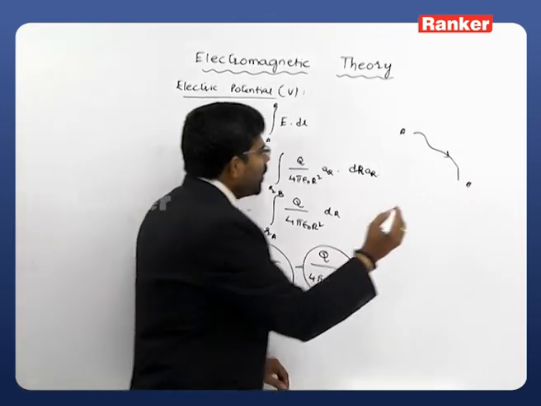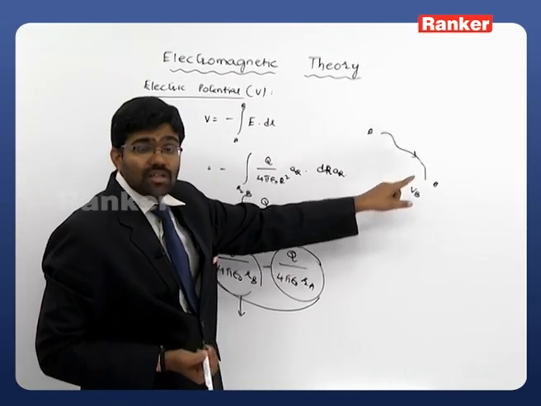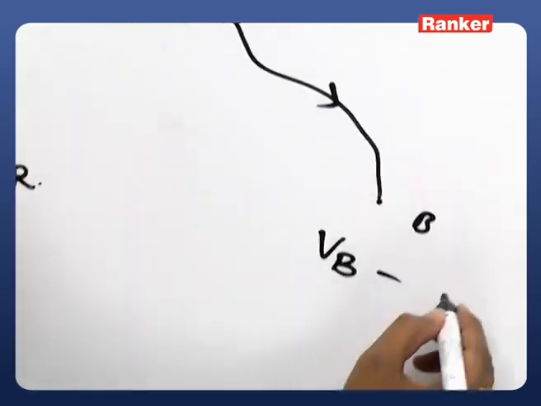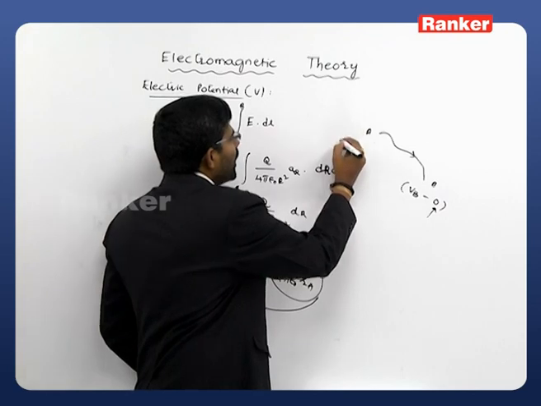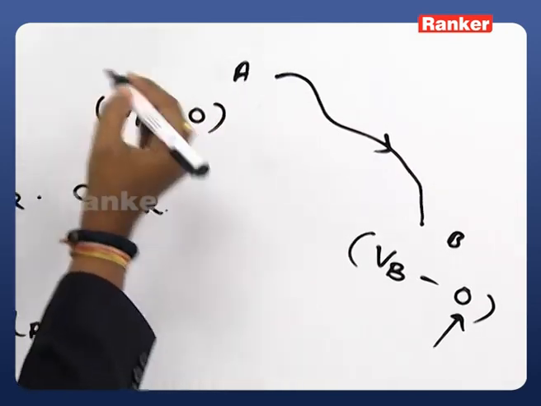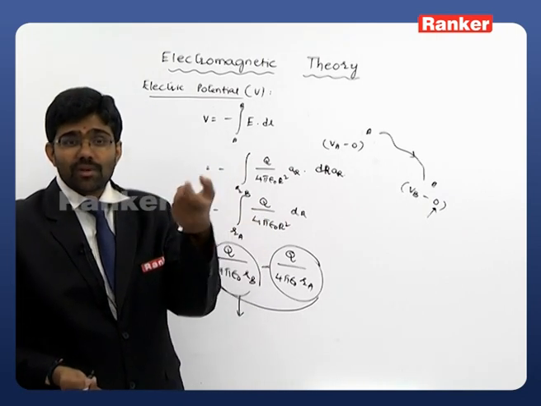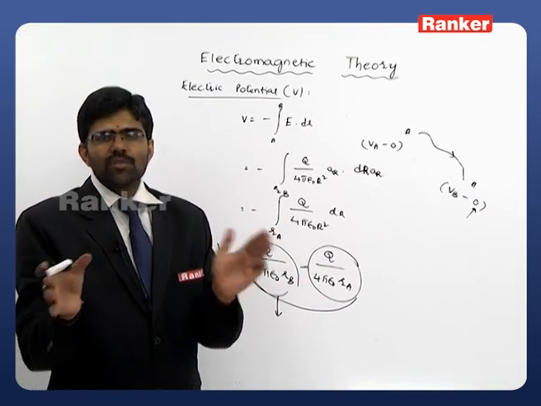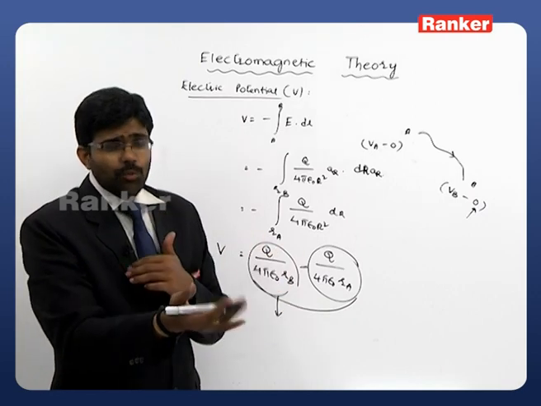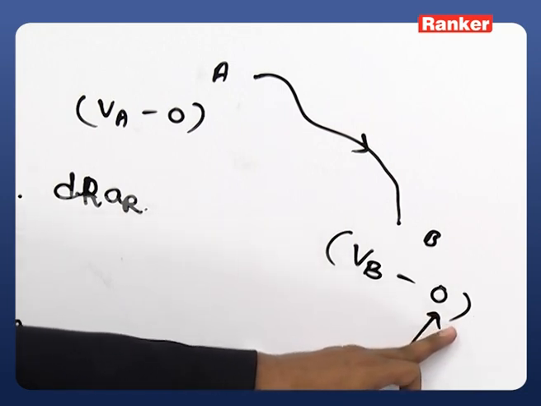So VB, the absolute potential, is the potential difference between this point and another point where the potential is 0. In the same way, VA can be written as VA minus 0. So everywhere we are supposed to take the potential difference only, the difference between 2 points. Here the absolute potential is the potential difference between that particular point and another point where the potential is simply 0.